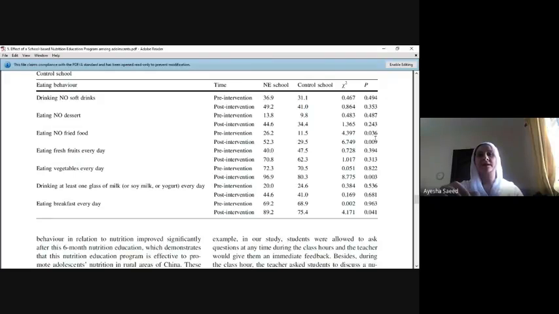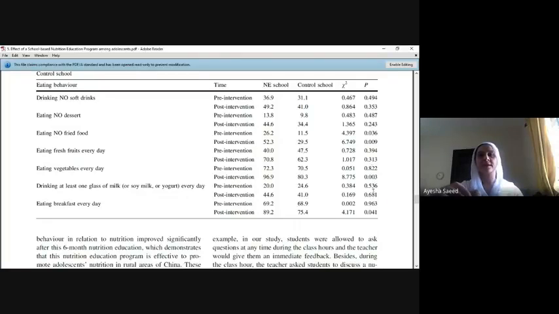Eating no fried foods. There was a significant increase in eating no fried foods at the post intervention among the nutrition education school. Then again, this one. So at post intervention, the nutrition education school was eating more vegetables per day.